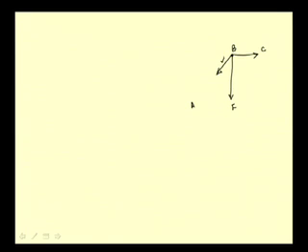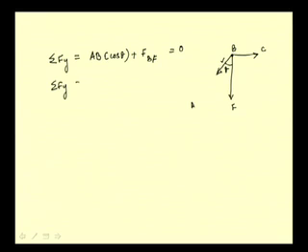So, now if we write the force summation equations, if this angle is theta, then sigma Fx gives AB cos theta plus the force in the member BF equal to 0, and sigma Fy gives AB sin theta plus force in the member BC equal to 0.